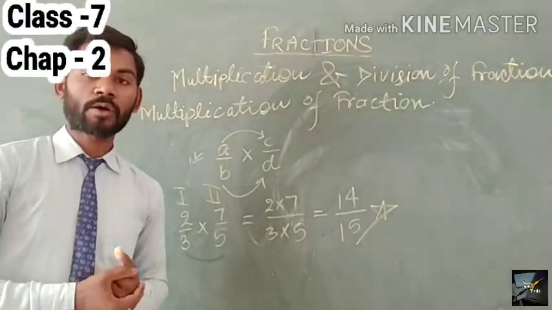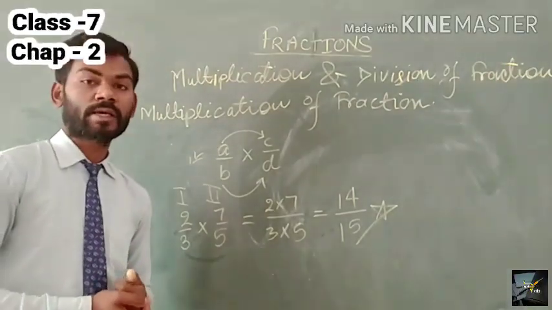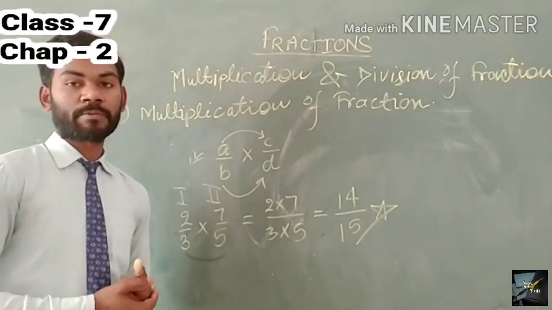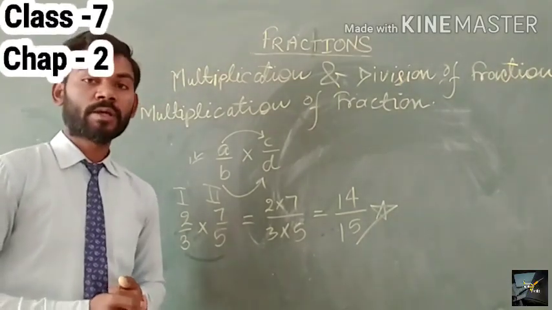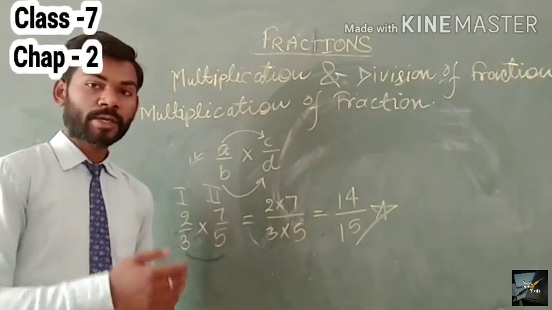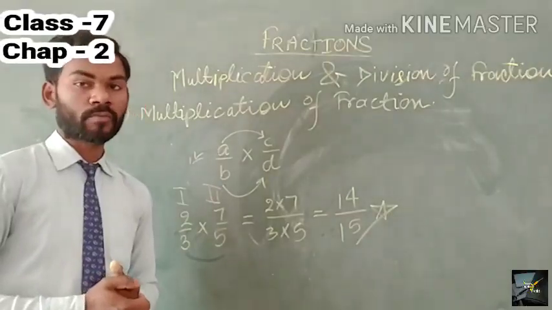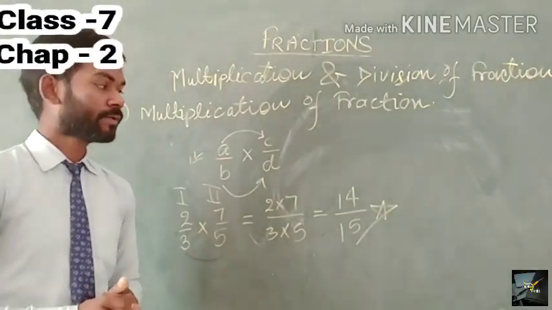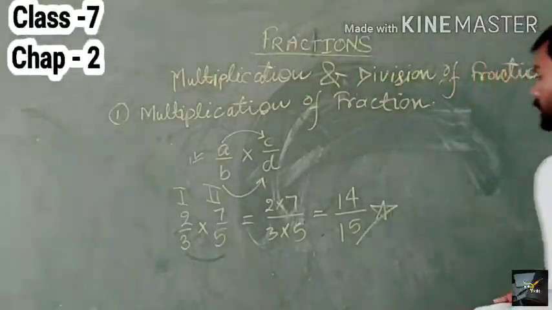Sometimes the product of fraction may also be written in the simplest form, but it is only possible when the numerator and denominator both have some common factor. Okay, so now let us see an example of such fraction.